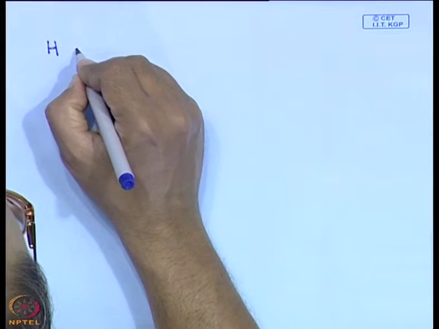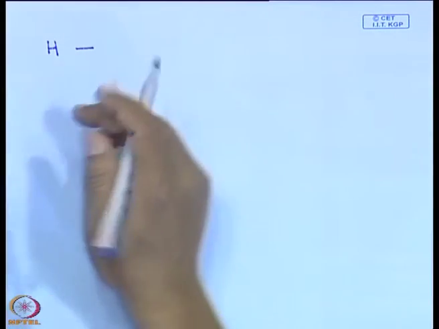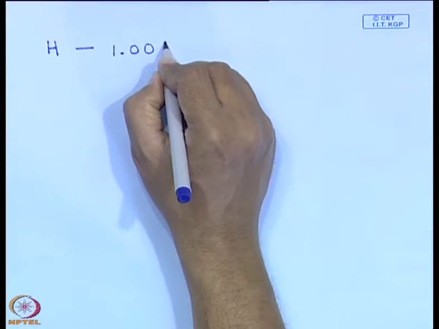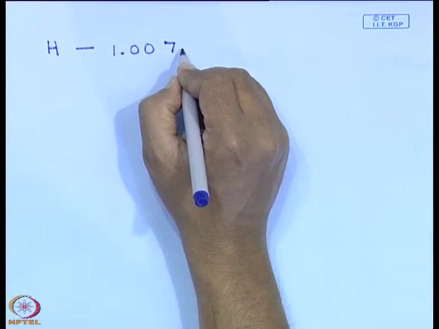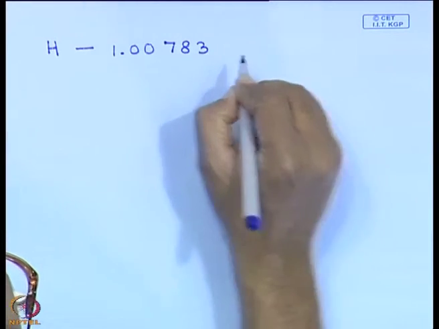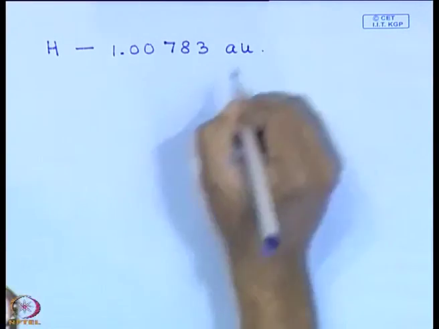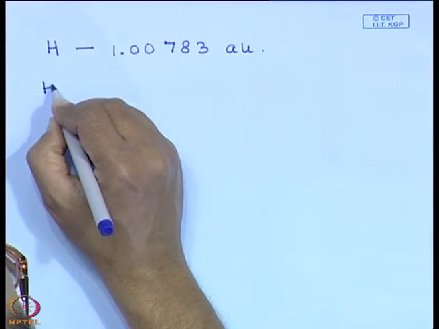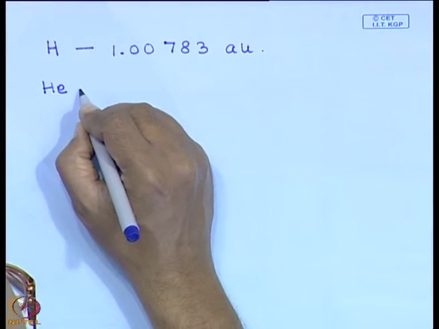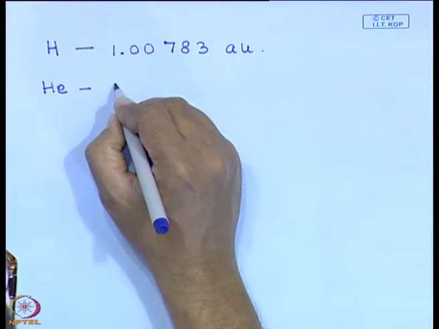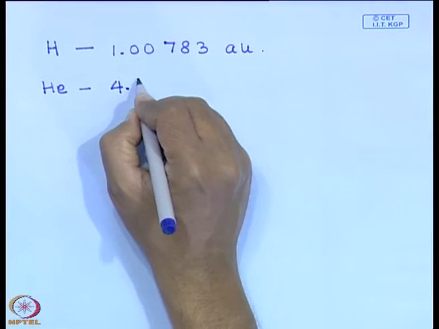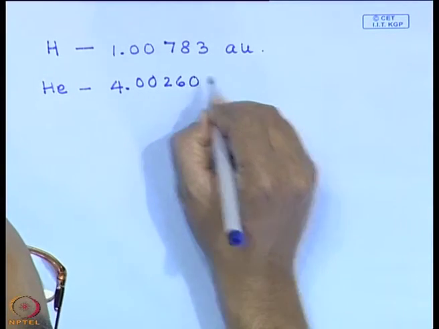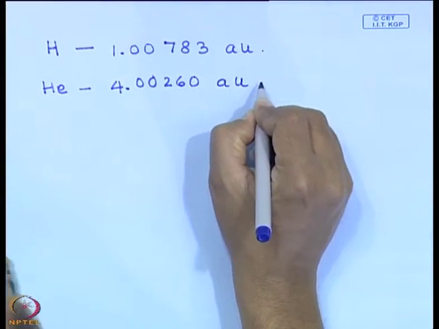One hydrogen atom has a mass of 1.00783 atomic units, whereas one helium 4 has mass 4.00260 atomic units.